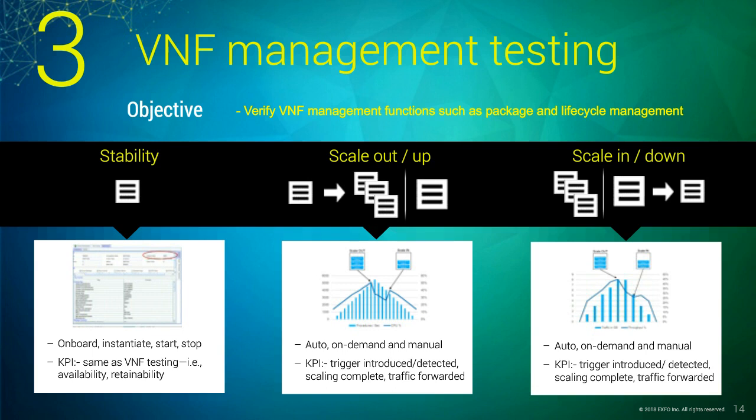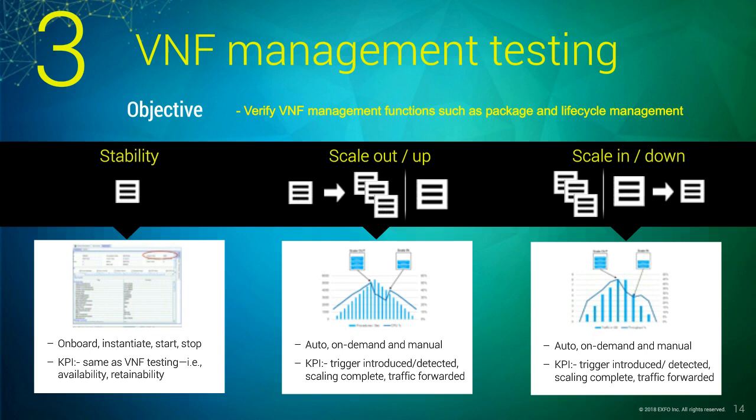And once you set the thresholds, what you need to consider here is to test different types of scalability testing, right? You can scale the VNFs in different ways. You can scale the VNF triggered by the NFV orchestrator, which I think is basically called auto scaling. You can also scale triggered by the VNFs, knowing what's happening with the VNFs, or if something goes wrong functionally or for whatever reason.